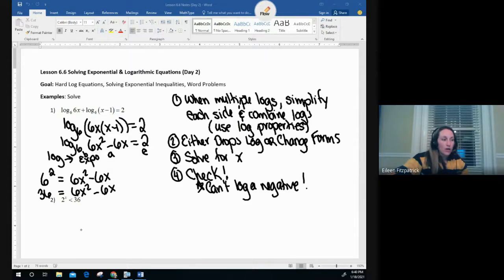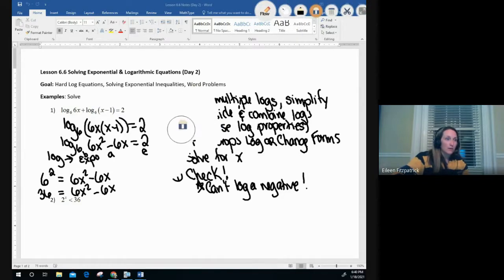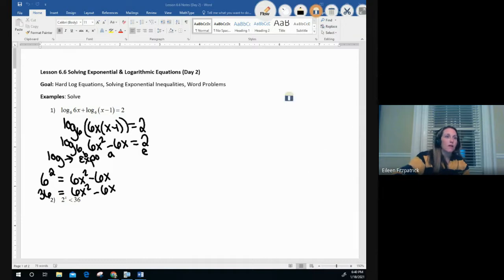Since this is quadratic, I'm going to set it equal to 0, and then I'm going to factor and solve. I'm going to have to erase my directions. So setting equal to 0, subtract the 36 from both sides. I have 0 equals 6x squared minus 6x minus 36.